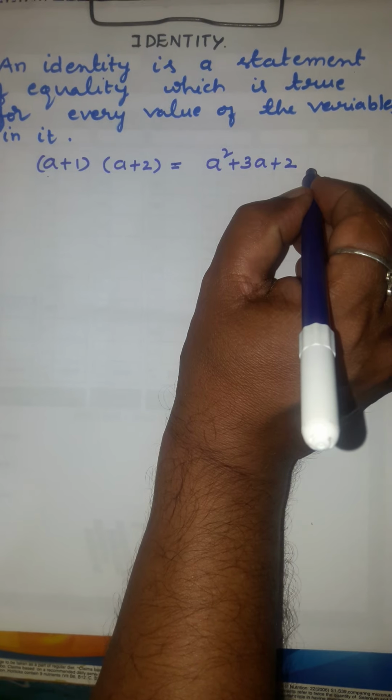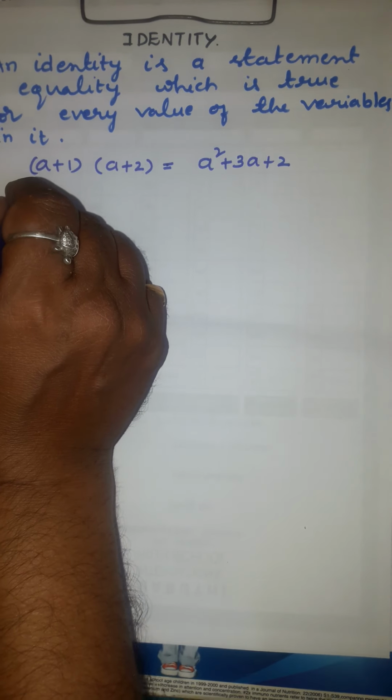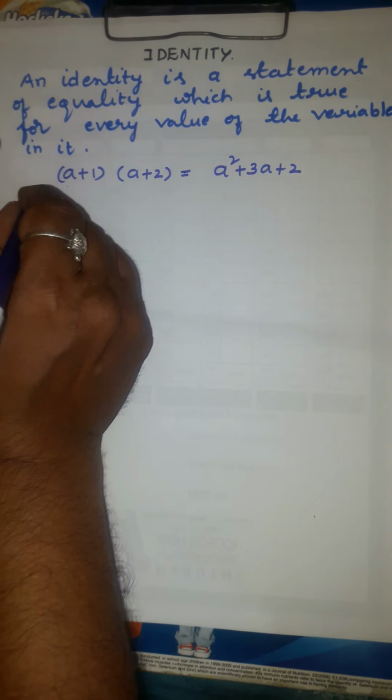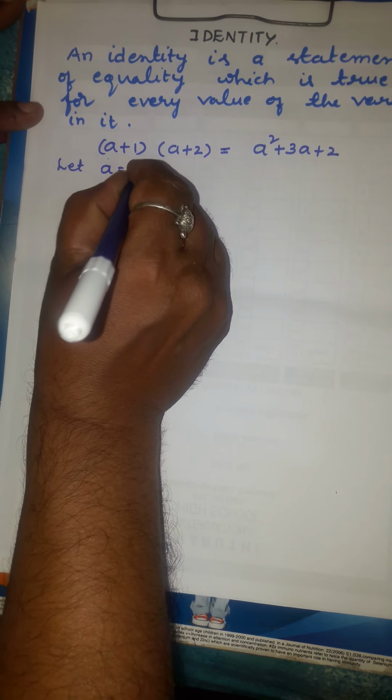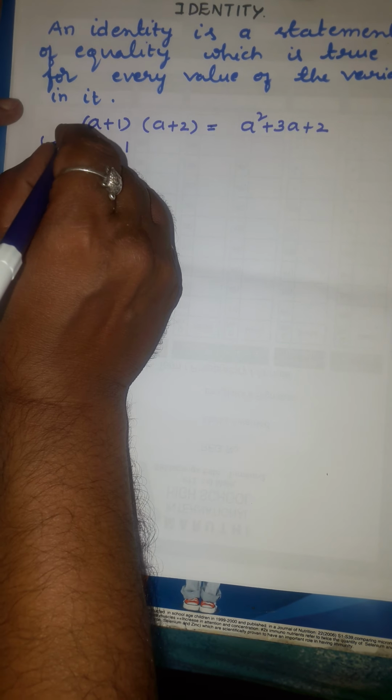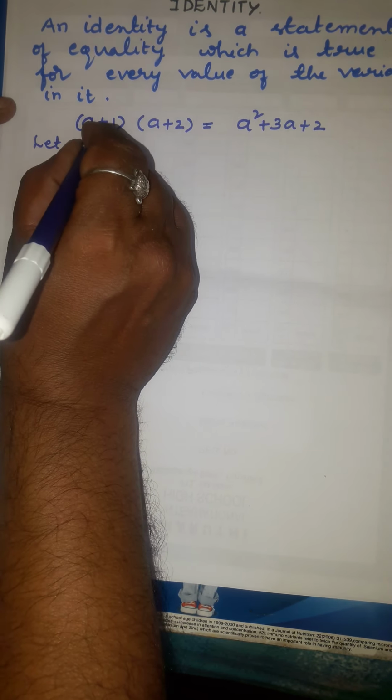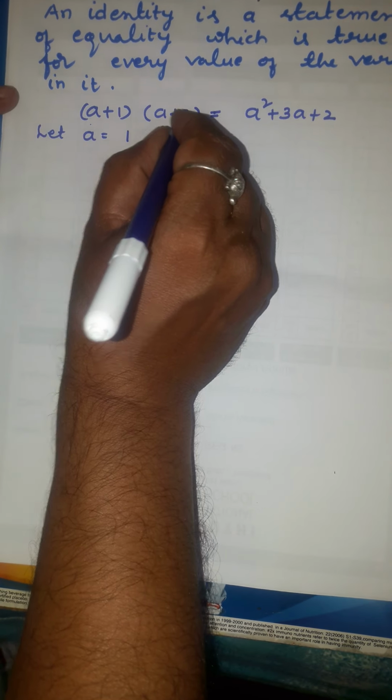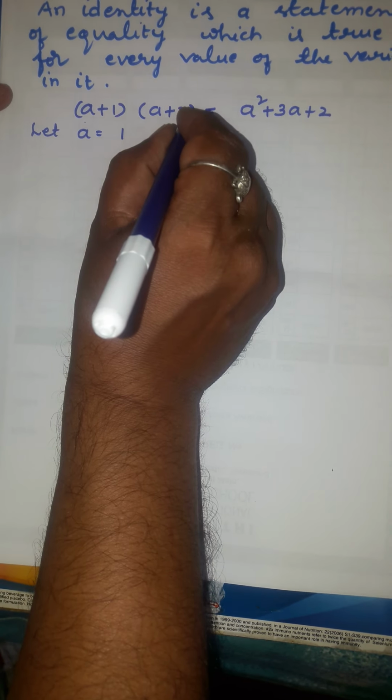Now let us check whether this is an identity or not. Let a is equal to 1. Wherever you find a, put 1. So on the left hand side we have a plus 1 multiplied by a plus 2.